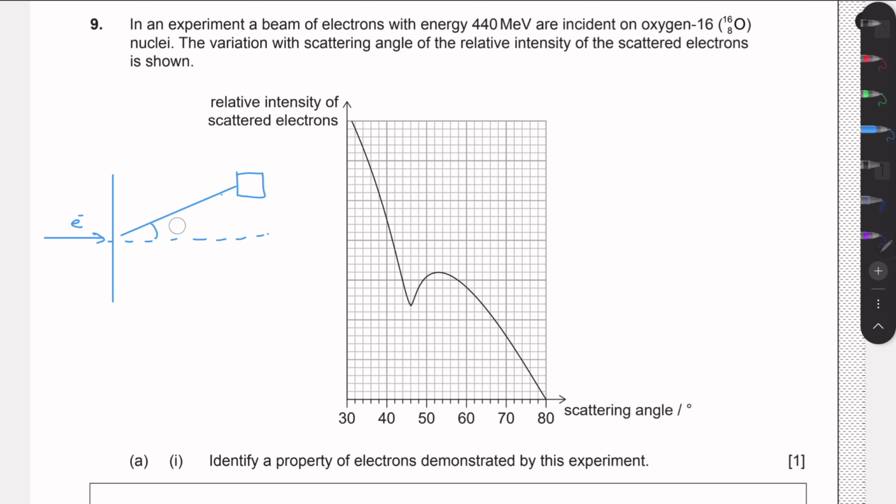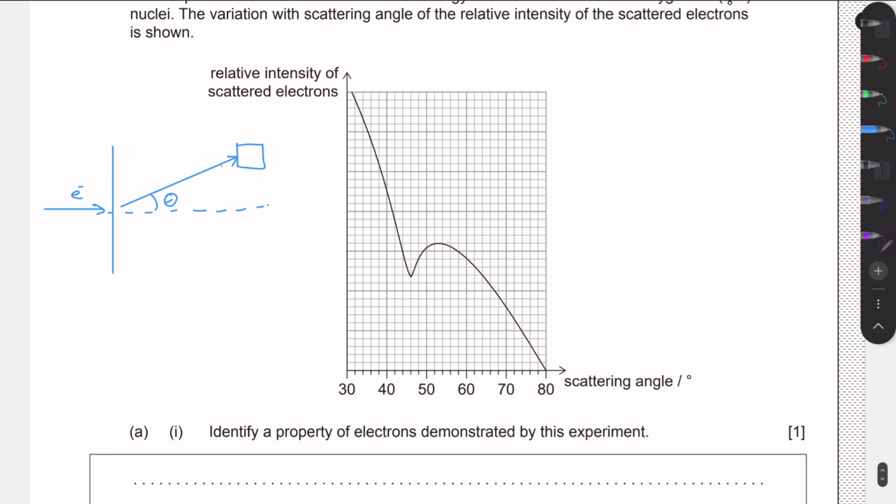So this is the angle theta, and we're moving this machine up and down, which measures the intensity. And what we notice is that when we change this angle, at a specific angle, we have a minimum of intensity. And this first question wants us to identify the property of electrons demonstrated by this experiment.